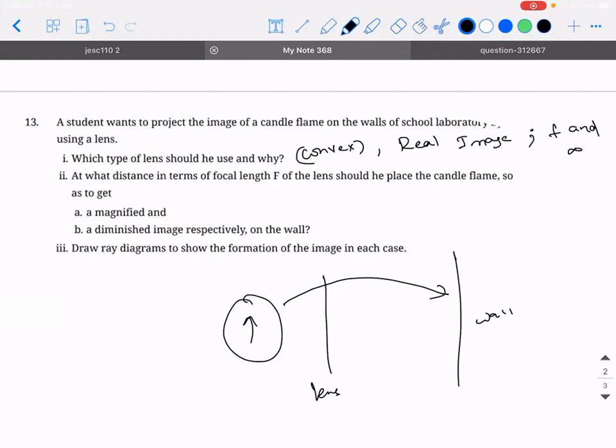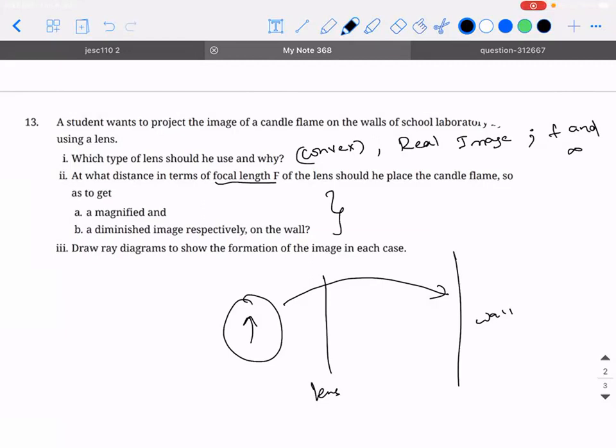Okay. At what distance in terms of focal length of the lens should he place the candle flame so as to get a magnified and a diminished image respectively on the wall? Where should he place it? Look at the ray diagram and tell, at least.